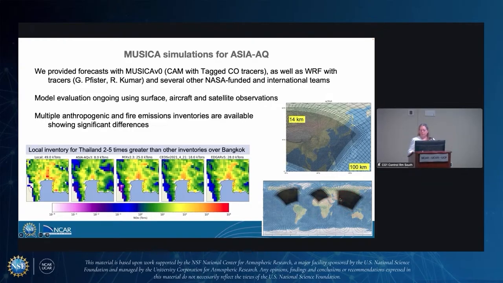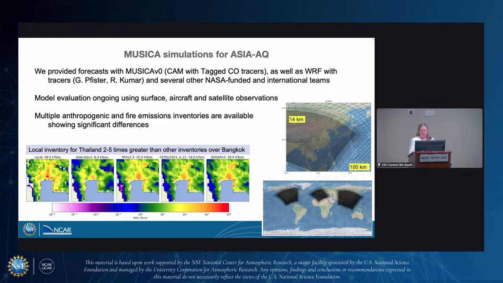To be a bit cheaper, there's a grid with 14 kilometers over only Asia, also a 25-kilometer grid for even cheaper simulations. And a group at NCAR ran WRF with tracers, and are now using WRF-Chem for the analysis. We're using all of these different observations to try to evaluate them.